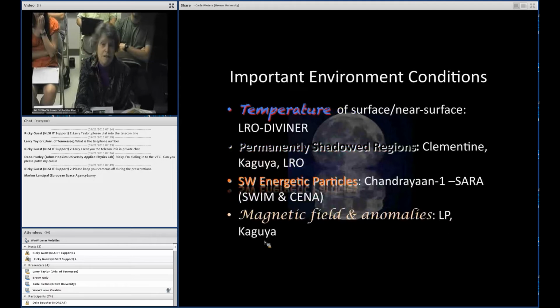And the magnetic fields are important because they may, in fact, shield parts of the surface from these energetic particles. So these last two components are all related to the topic I've been given, namely what can be measured from orbit, and all of these are characteristics that are directly relevant to volatile species and have been measured in different degrees of completeness from lunar orbit.